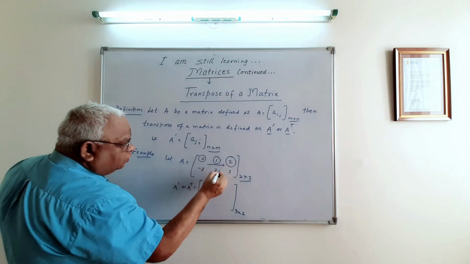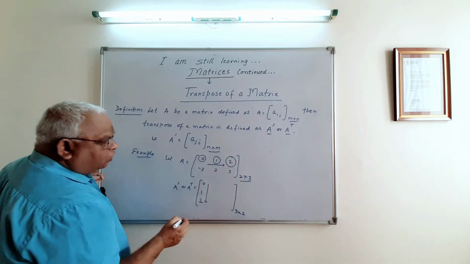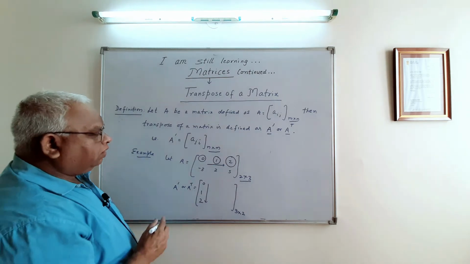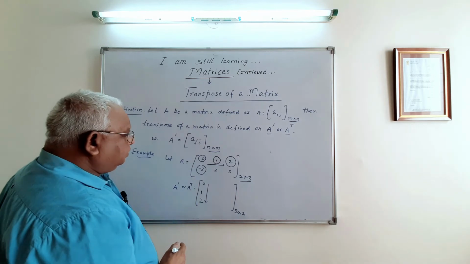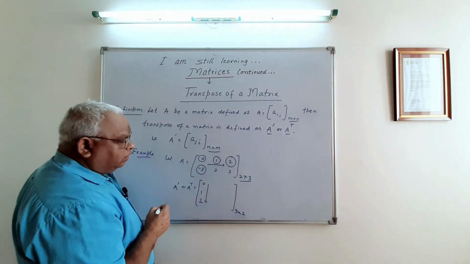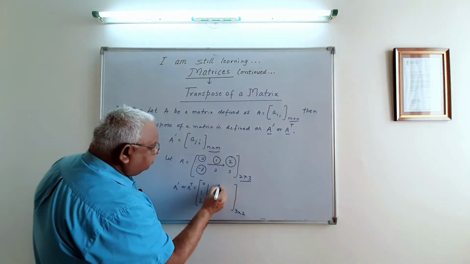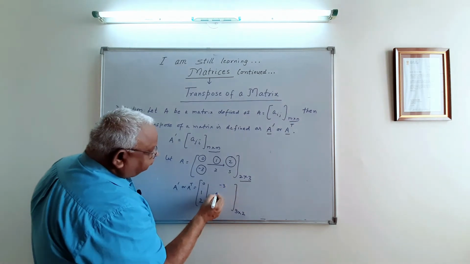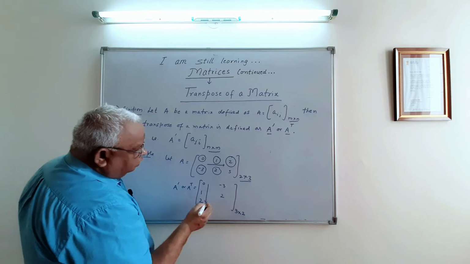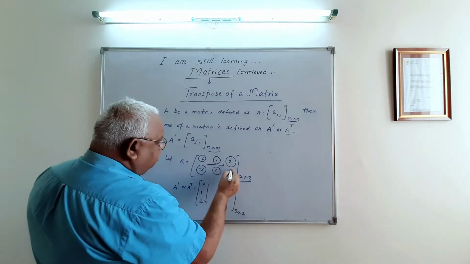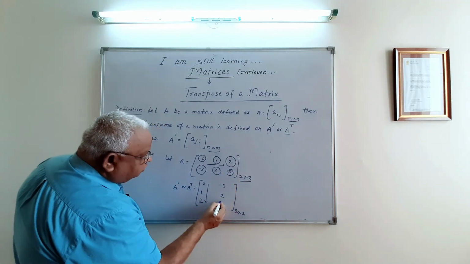The first row will become the first column. Then the second row: 2, 1 will become 1, 2. 2, 2 will go to 2, 2 only, and 2, 3 will become 3, 2.